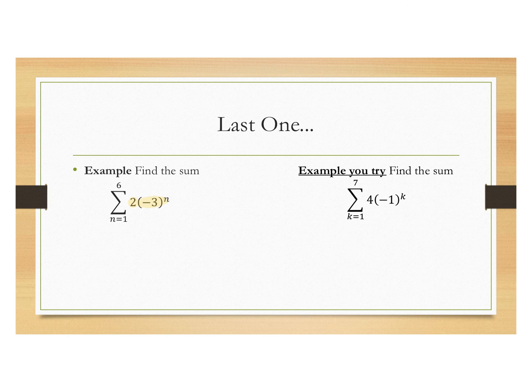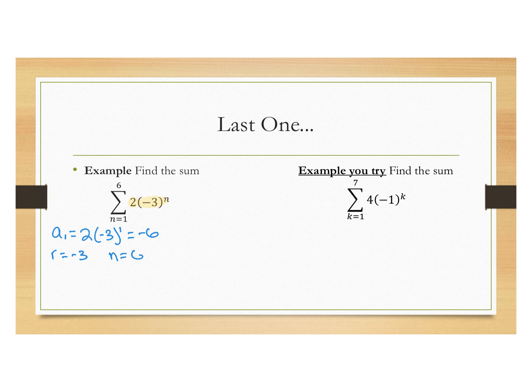Okay, so actually it's not a1. First thing we'll do is we'll find our first term. So a1 equals 2 times negative 3 to the first power. In this case, this would be negative 6. We know our ratio is -3 and we have 6 terms.